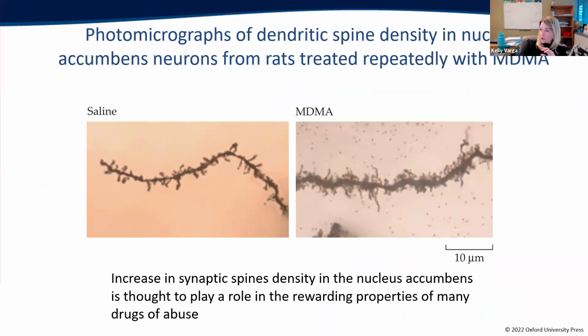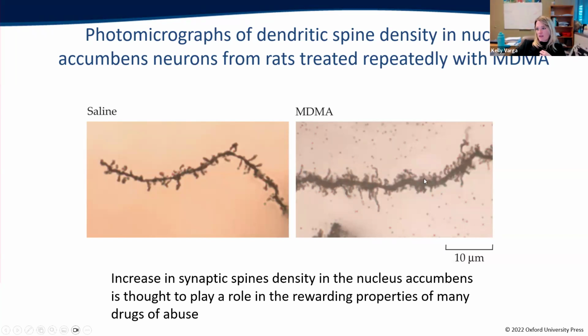An area we're going to learn a lot about when it comes to addiction, especially with dopamine. These are rats that have been exposed to control, saline, or they have been repeatedly exposed to MDMA, ecstasy, Molly.